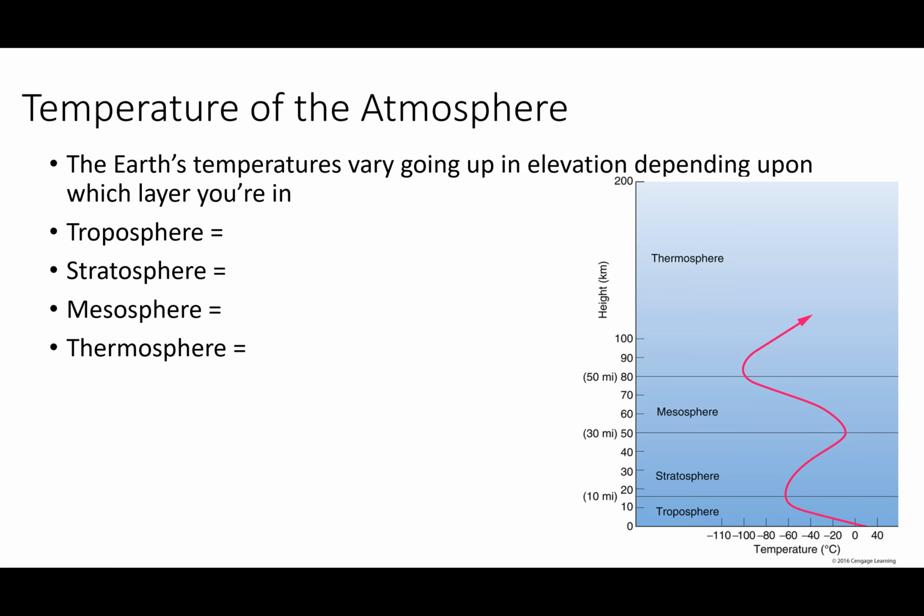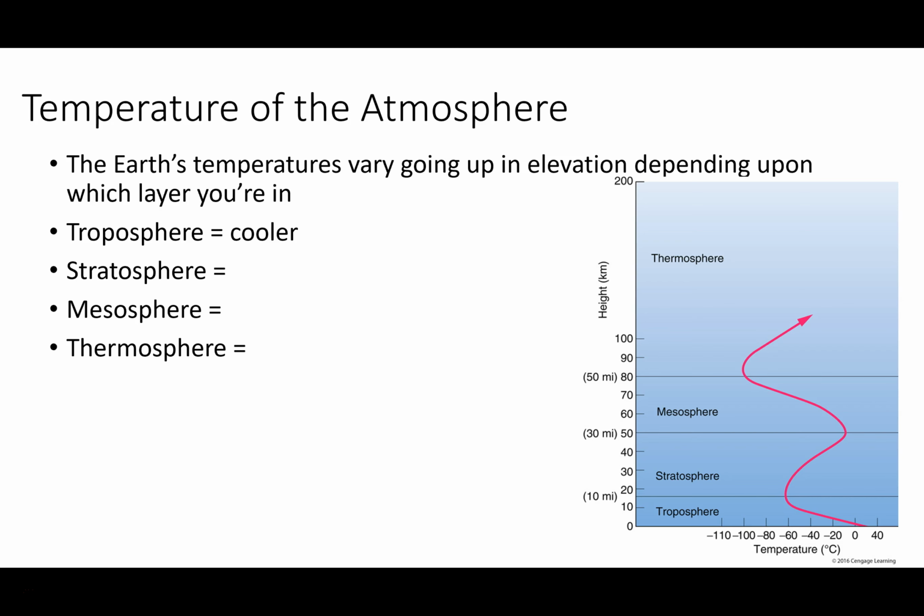Okay. So one of the things, when I'm looking for things to say about these 4 layers, this is one of the things that you can say. As you're going up in the troposphere, it gets cooler. I mentioned this the other day when we talked about different types of precipitation. If you climb a mountain, you know it's going to get cooler.